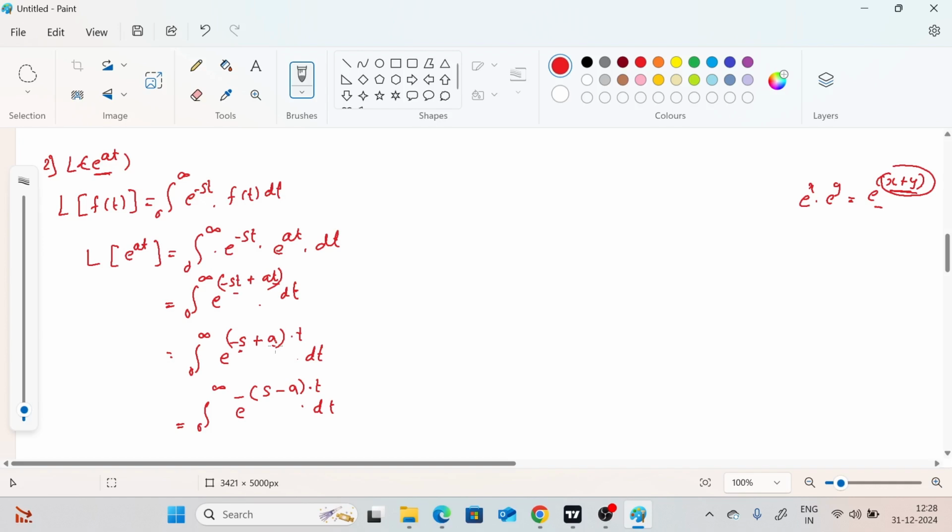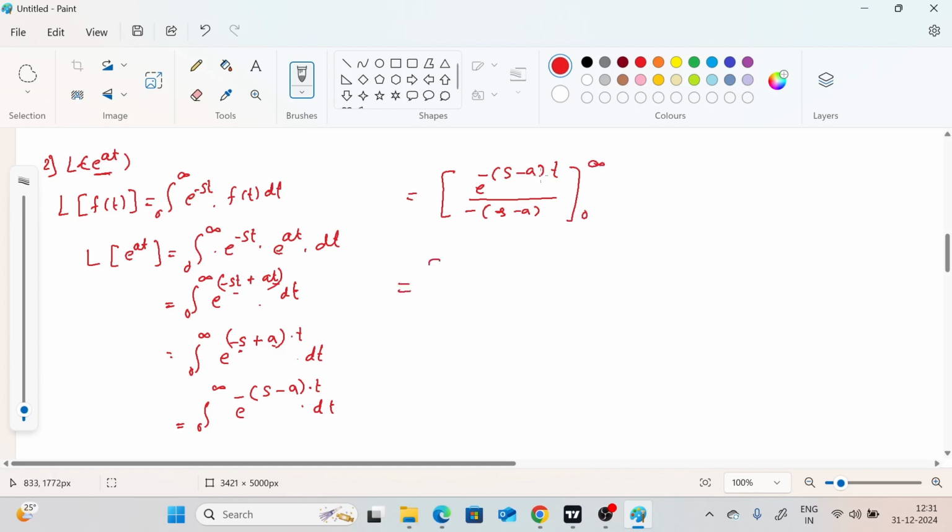We are going to use the same formula here again, the one we used in the last derivation: e raised to minus s minus a, t, dt. We have the standard formula for this. So e raised to minus s minus a, t, upon minus s minus a, from 0 to t.